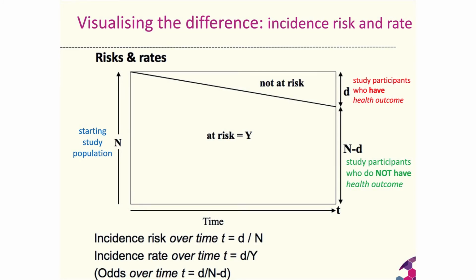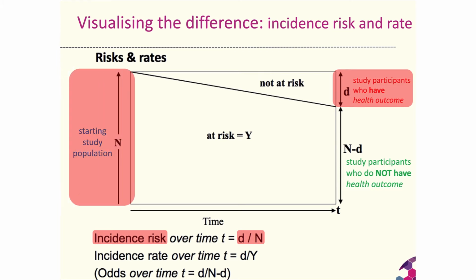Now let's look at a visual diagram showing the difference between risk and rate. So here we have the incidence risk, or the risk over time t, and it's the number of deaths divided by the population at the beginning. So that's the study participants who have the health outcome or have died, divided by the number of people who were invited and who got involved in our study at the beginning.